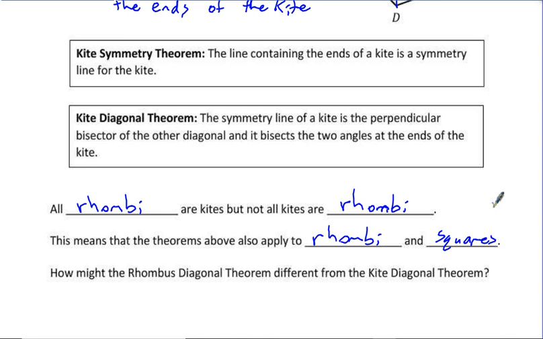So how might the kite diagonal theorem change or be different from the rhombus diagonal theorem, which we're about to discuss? Remember, a kite has two sets of consecutive sides that are congruent, where a rhombus has the same, but what's unique to a rhombus is that all of the sides are congruent.